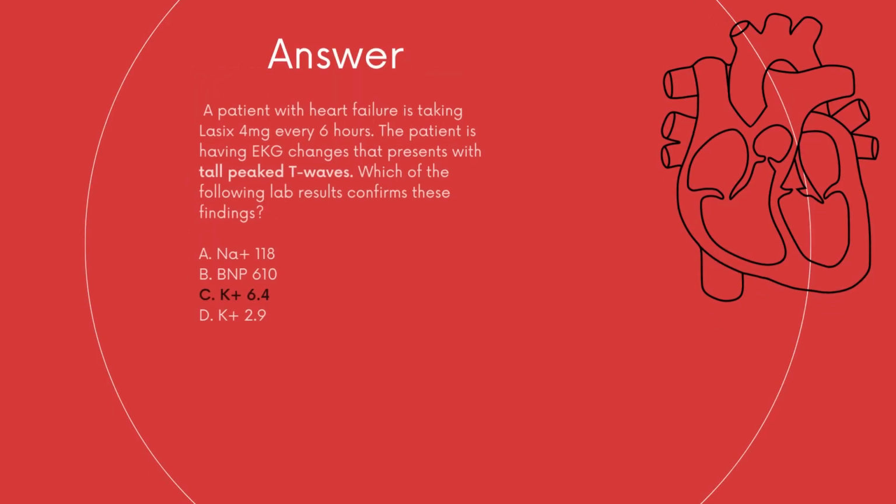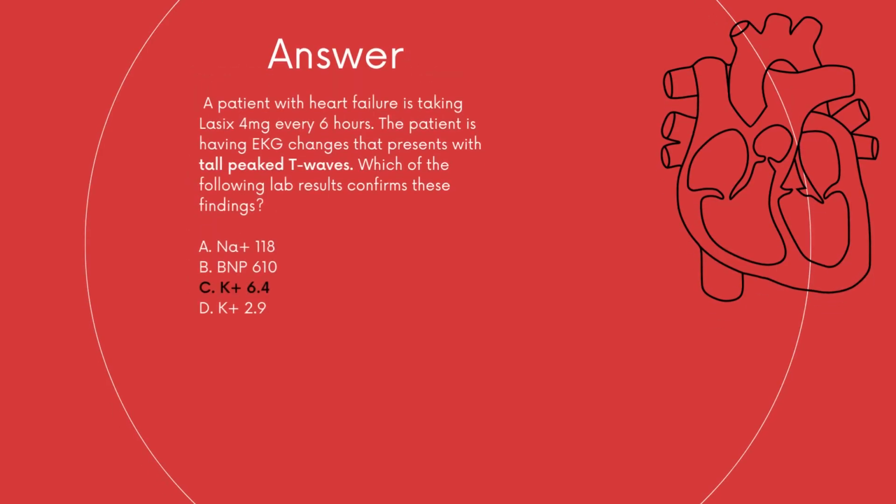The answer for question 6 is C, hyperkalemia. So when someone's potassium is high, the normal range is 3.5 to 5.5. When someone's over 5.5, they're actually at risk of developing not just ectopy, but ventricular ectopy, which can be PVCs, tall peaked T waves, and VFib and VTach.